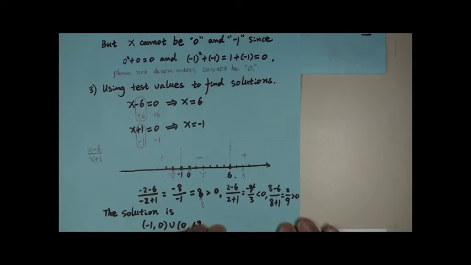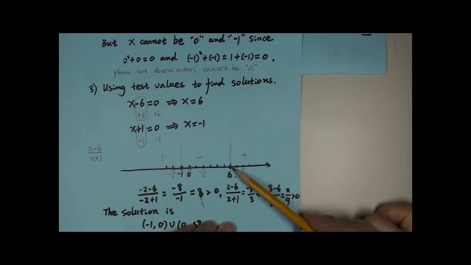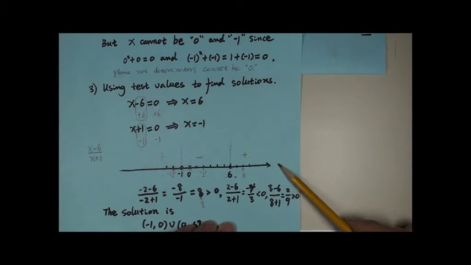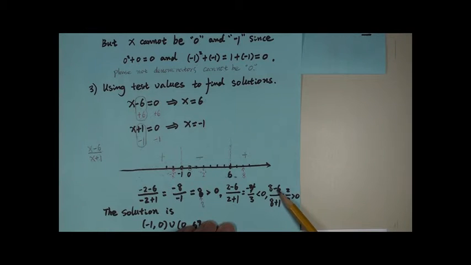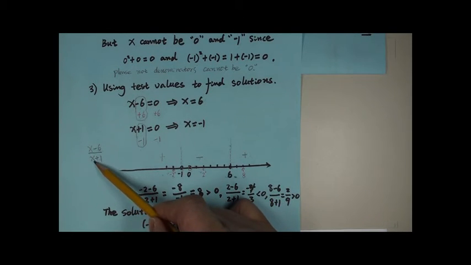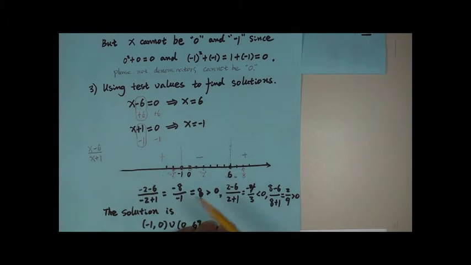Now, for any value greater than 6, I pick 8. 8 minus 6 is 2, and 8 plus 1 is 9. Two positives, so it's positive.